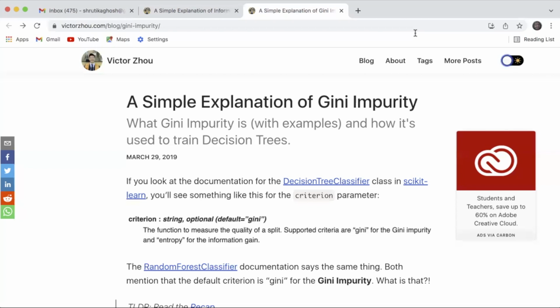Gini index, also known as Gini impurity, calculates the probability of a specific feature being classified incorrectly when selected randomly. This is the official definition, but in this video, we will try to understand all these terms from a mathematical perspective by taking an example.